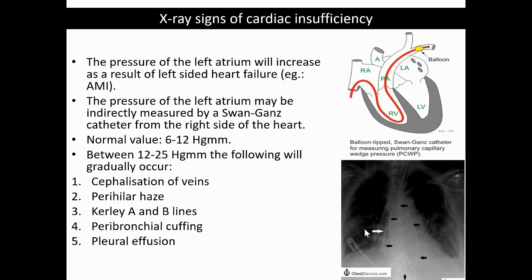So the normal value of the pulmonary pressure is between 6 to 12, and so if the pressure increases, then we will see cephalization, perihilar haze, Kerley A and B lines, etc.